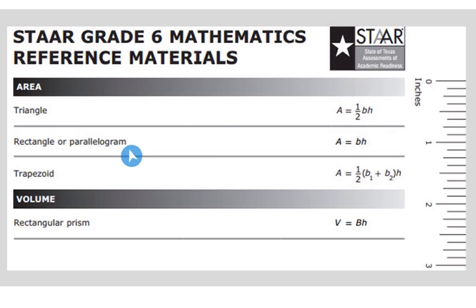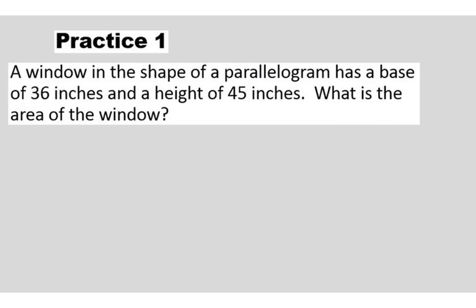Right now, specifically, we're working with the rectangle, parallelogram, and the trapezoids. So you'll see this is the formula for the parallelogram and the rectangle, and then the trapezoid is this formula. Okay, so let's look at some practice problems and see if we can use these formulas.